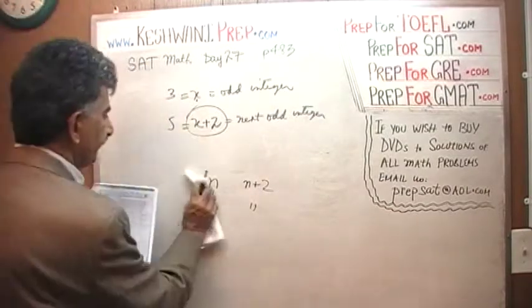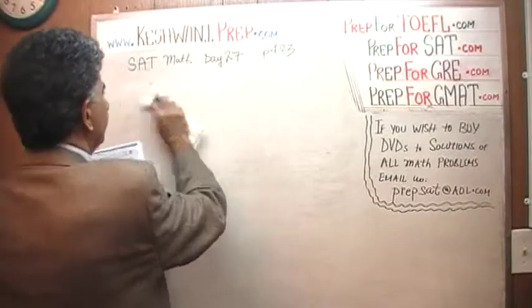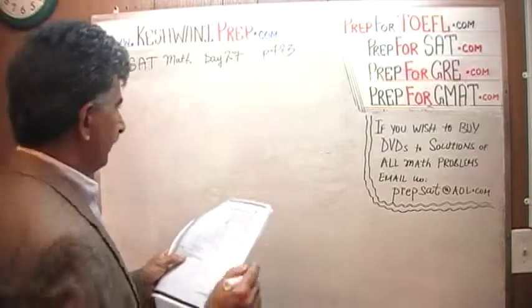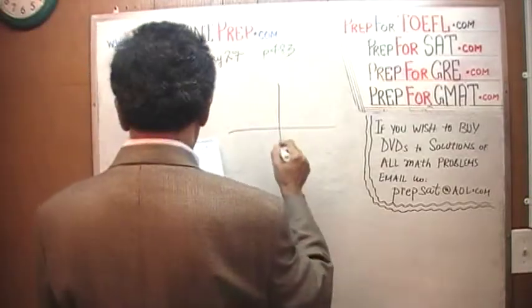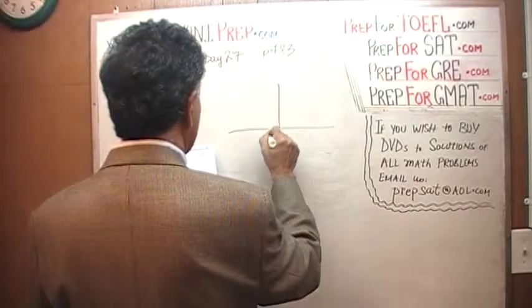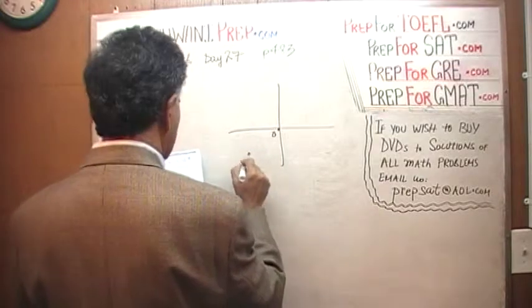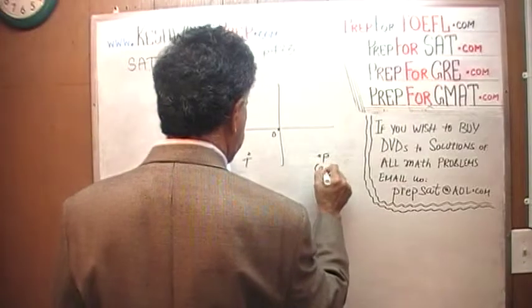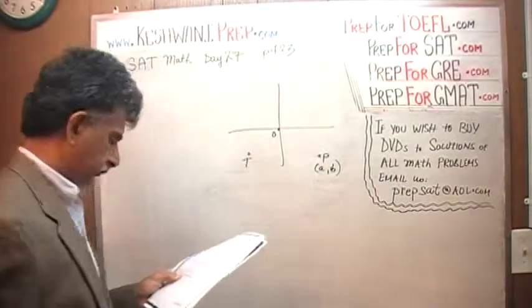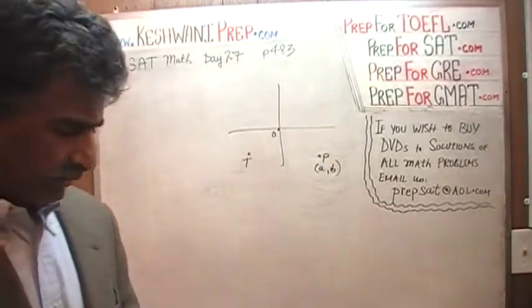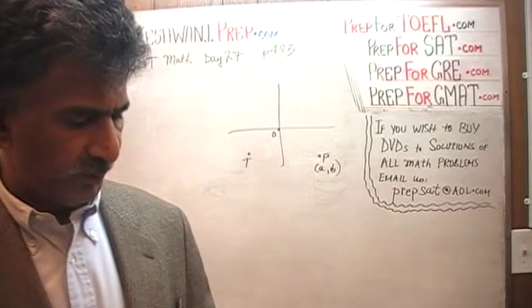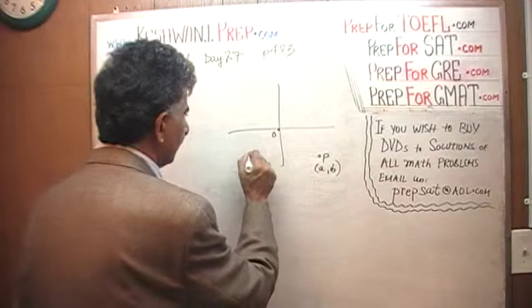Let's look at number 7. In number 7, we are given a point P and a point T here. In the picture above, point T is the same distance from O as point P is from O. So these two distances are the same.